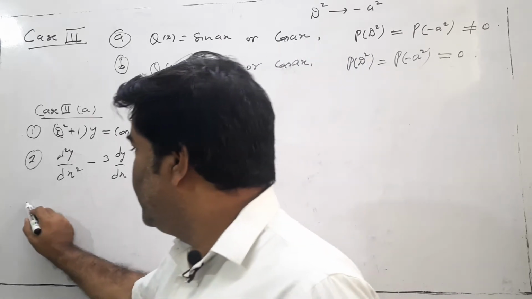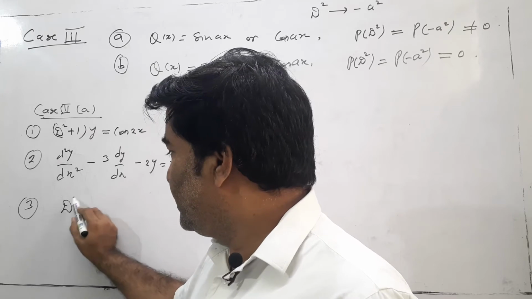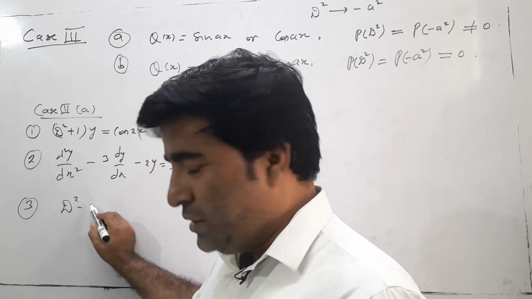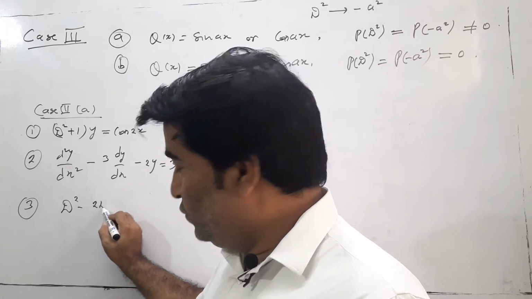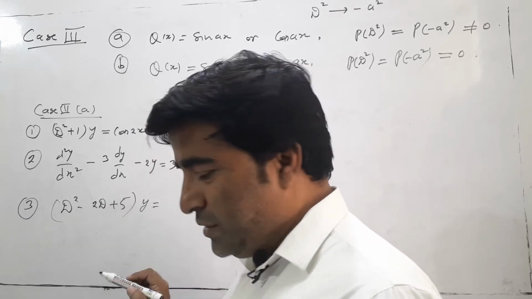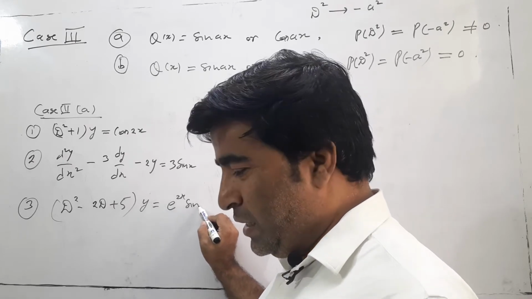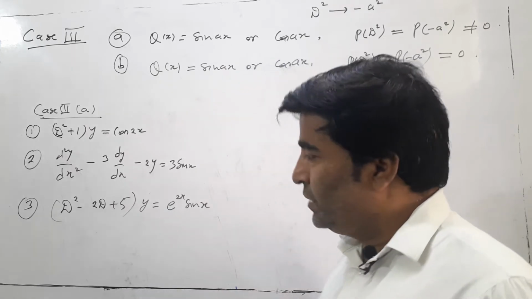And question number 3 is: solve the differential equation (D square minus 2D plus 5) y is equal to e to the power 2x sin x.